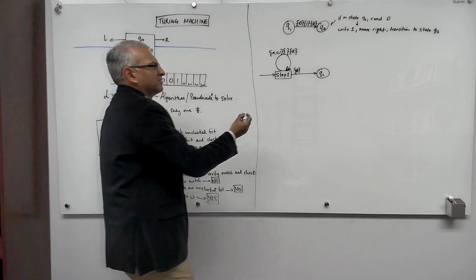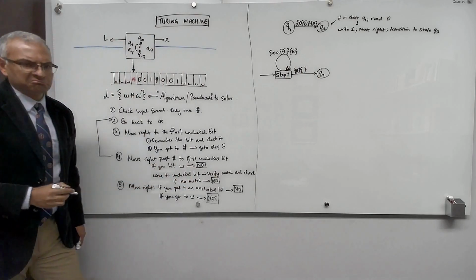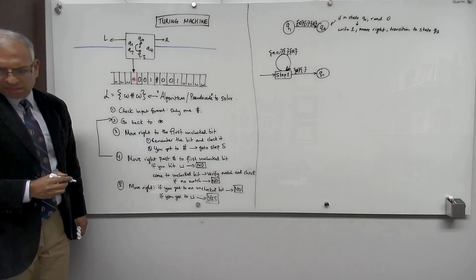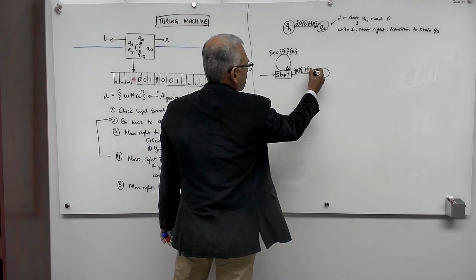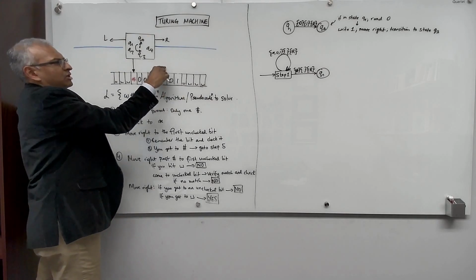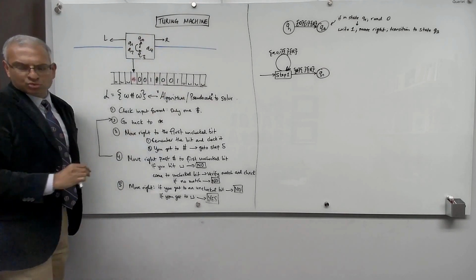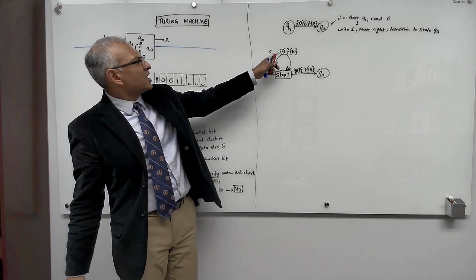You don't need to write anything, and you can move right, which means you're ready to process the next bit. So you can either read in star, 0, 1, or pound.